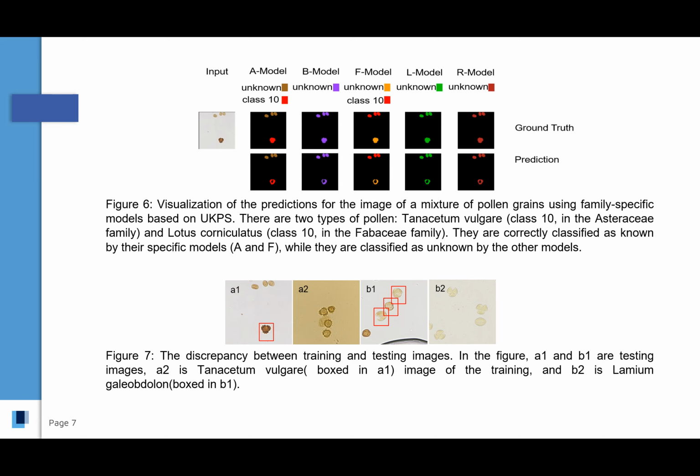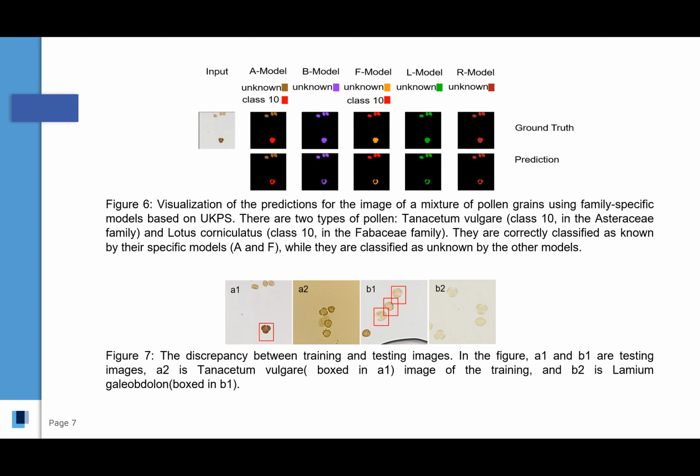Figure 6 considers the segmentation of pollen mixtures and shows the ground truth and the corresponding prediction for the image containing two pollen species. One is known by the A model and the other is known by the F model.